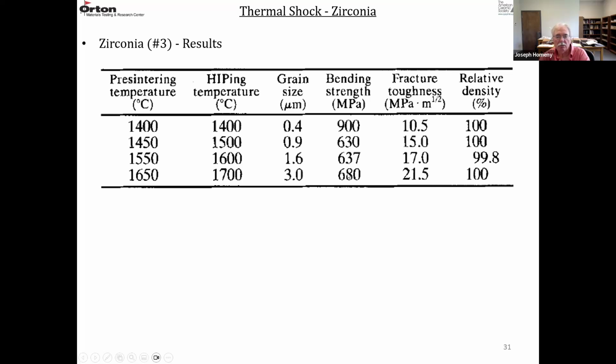The bend strength basically decreased with bigger grain size, but the fracture toughness increased with larger grain size. So it was more difficult to propagate a crack in the coarser material. And these are the relative densities. They're all basically 100% dense.